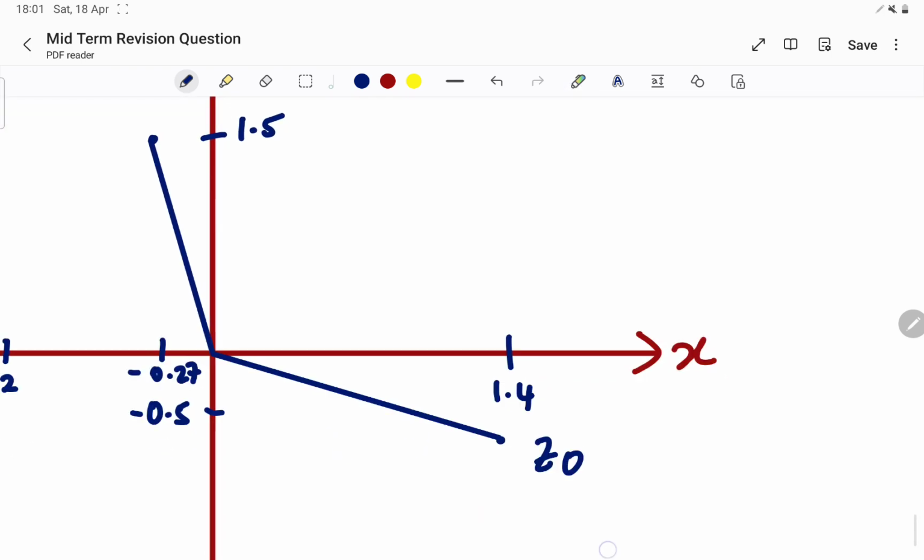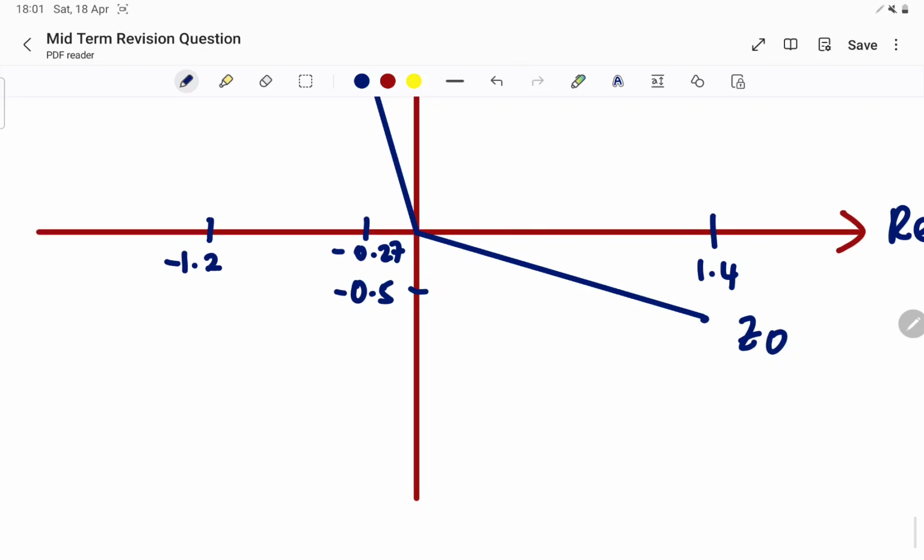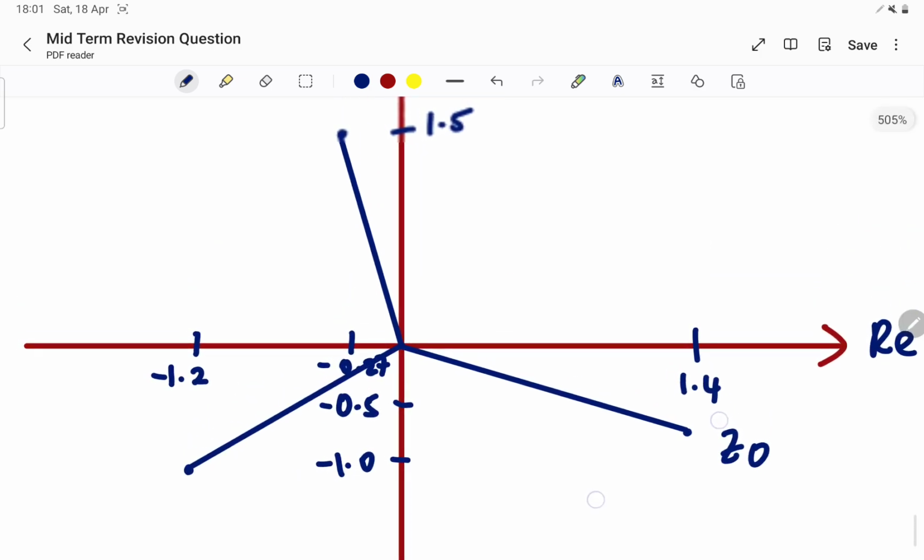This one is real. On the Argand diagram, our imaginary is negative 1.0, maybe around here. So this is your point. Draw a straight line. Now you've got it like this.